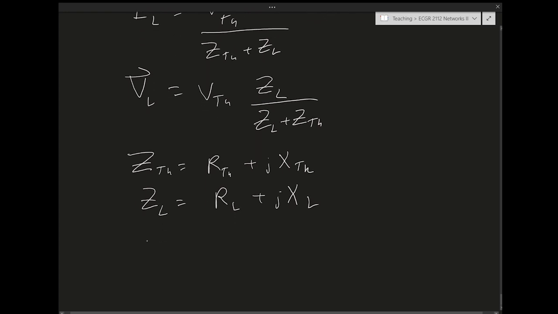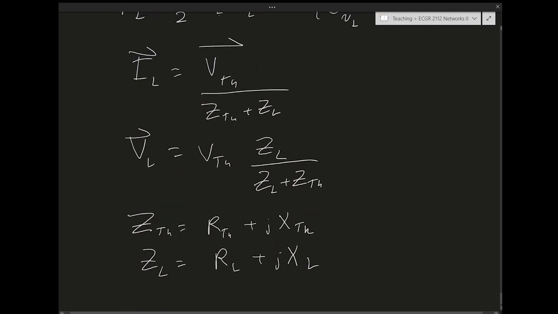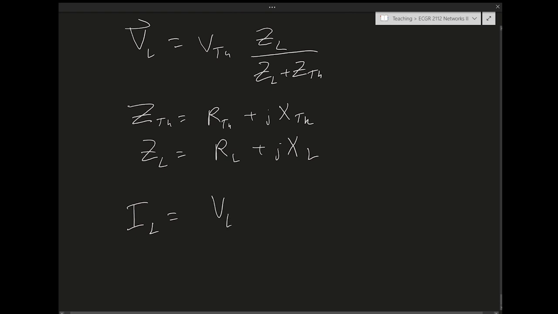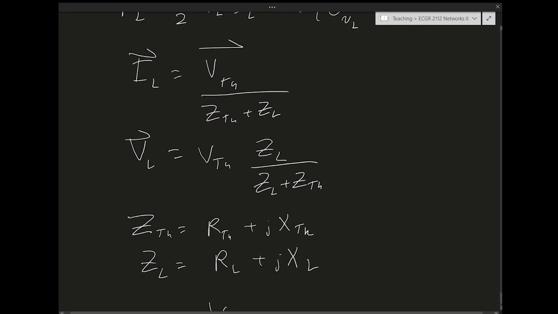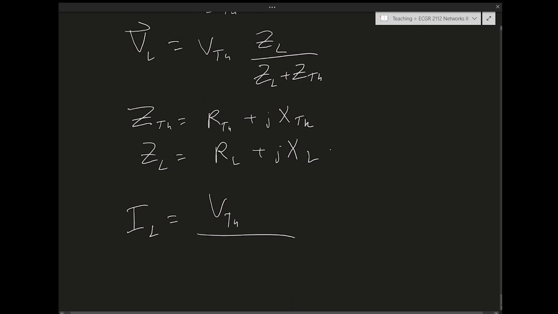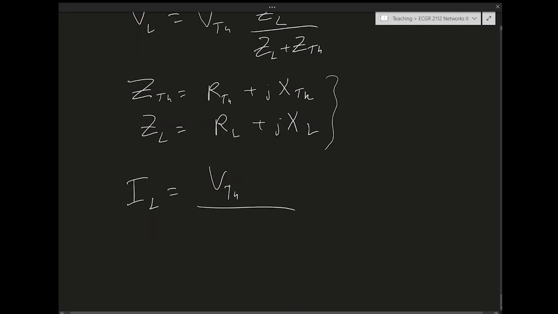We can write the magnitude of IL as just the magnitude of V Thevenin over the magnitude of Z Thevenin plus ZL. So the magnitude of that is going to be the real part squared plus the imaginary part squared.